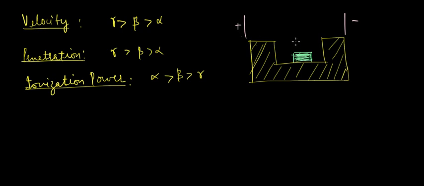So suppose this is a radioactive element and this emits all the three particles. So gamma particle would go undeflected like this. Alpha particle would go towards the negative charge plate and beta particle would go towards the positive charge plate, where this is a radioactive element.